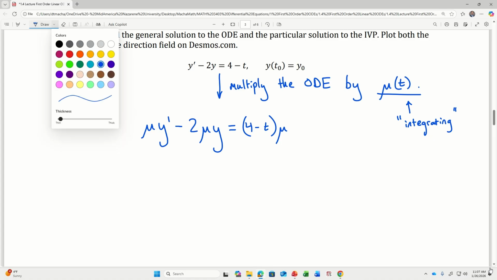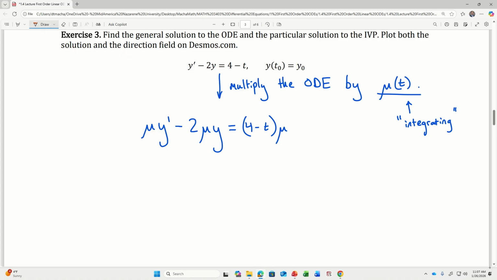And now, when I think about reversing the derivative product rule here, we need -2 mu to be the derivative of mu.